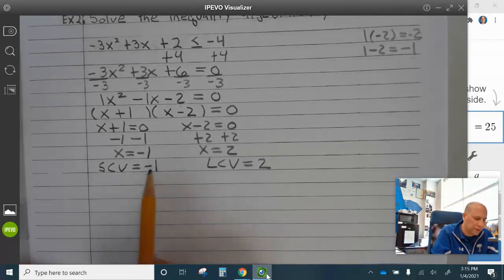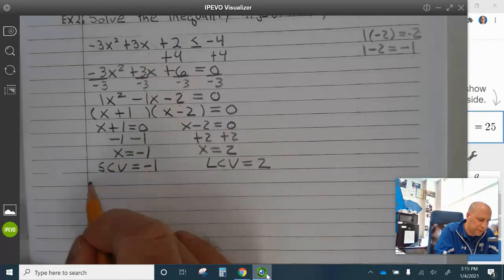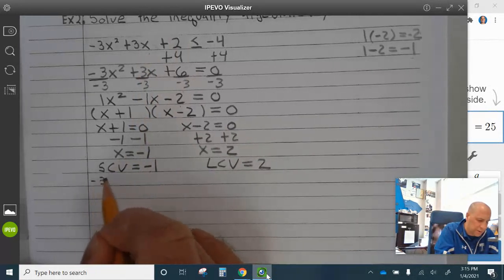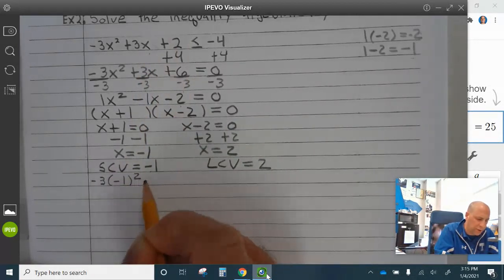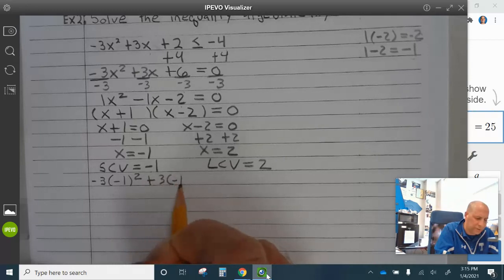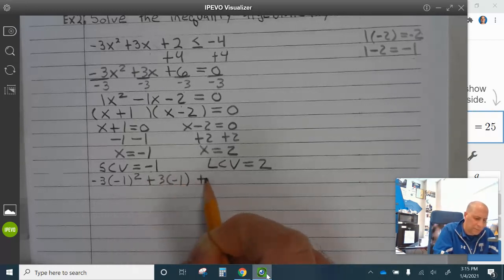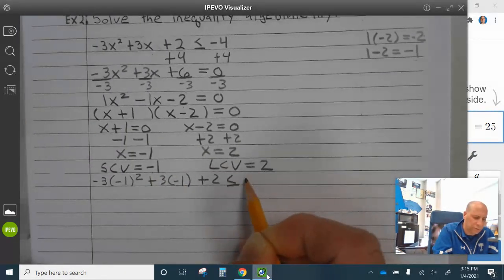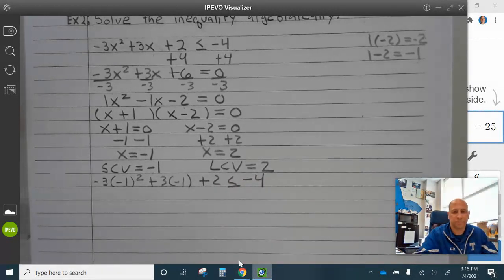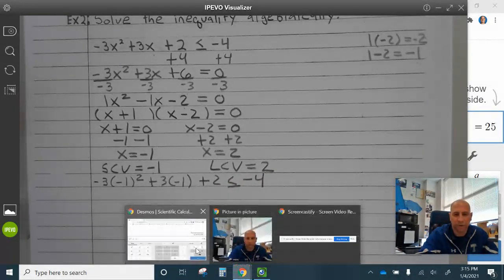Now we're going to plug negative 1 back into the inequality, so that's negative 3, parentheses, negative 1 squared, plus 3 times negative 1, plus 2, less than or equal to negative 4. All right, so let's go to Desmos.